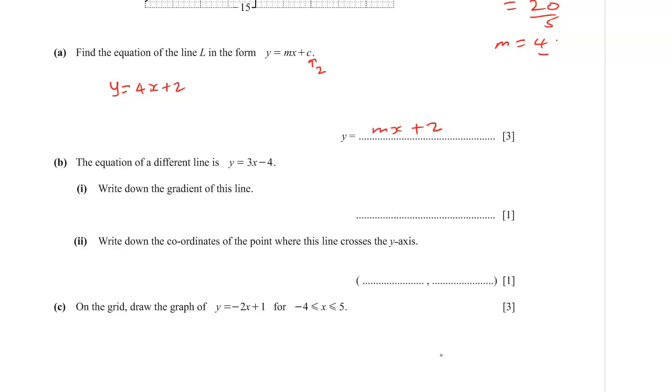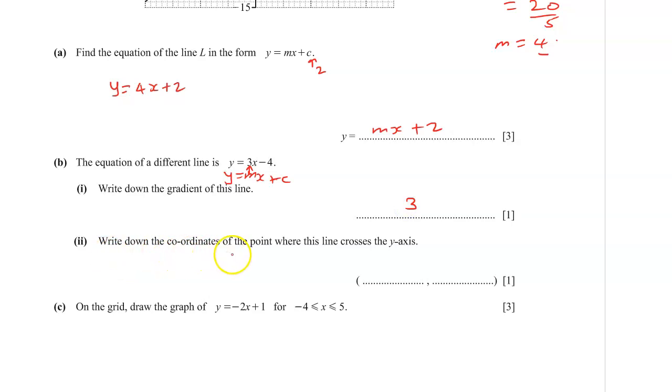The equation of a different line is this. Write down the gradient of this. So the equation of a straight line is mx plus c. Gradient is 3.